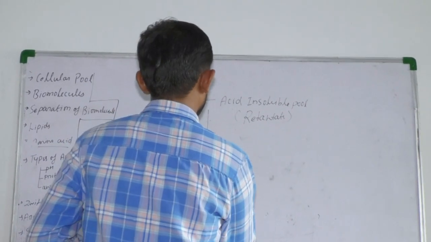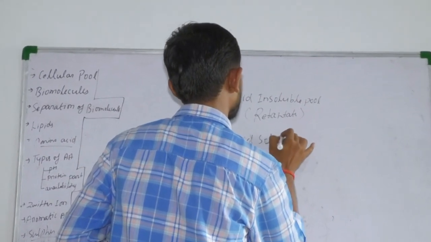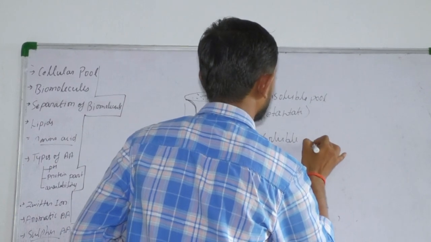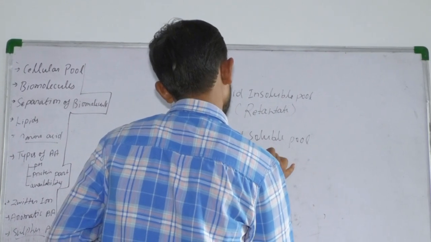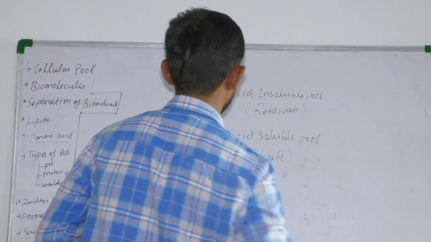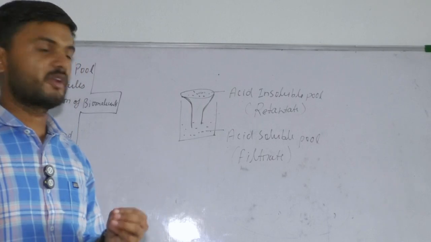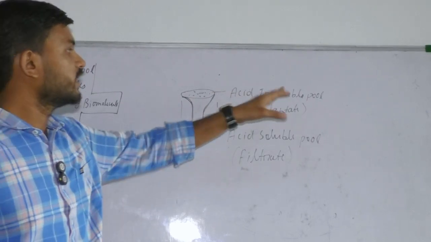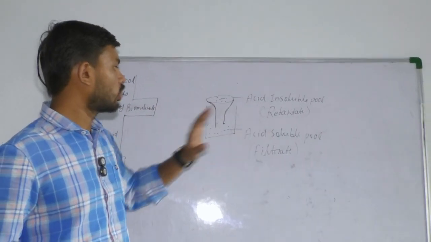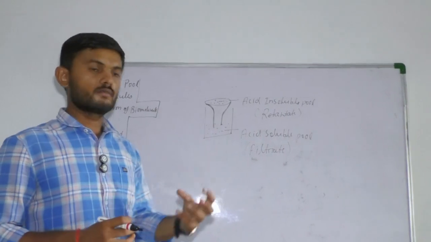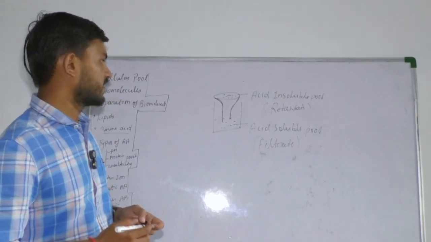The other portion is the acid soluble pool, which we also call the filtrate. The acid soluble pool is mixed in the acid and lies in the filtrate.